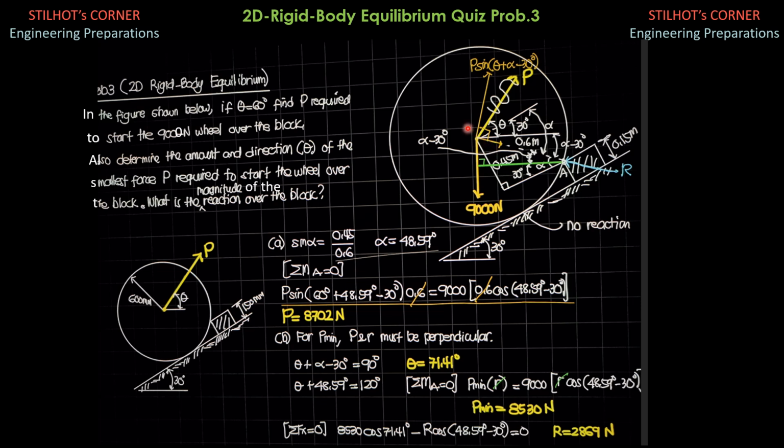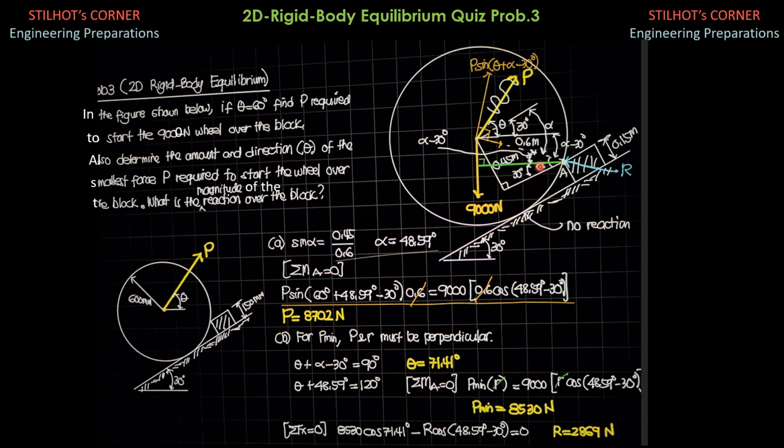Then this is the original P. This P here makes an angle of theta plus the line of action of R, which is along the center and this point of contact here. I'll call the angle from here up to here alpha, which is the angle that the hypotenuse makes with the incline. This is the incline, it's parallel.